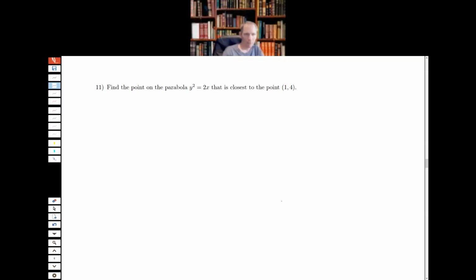Problem 11. Find a point on the parabola y squared equals 2x that is closest to the point (1, 4). So I'm going to start by drawing a graph of this. y squared equals 2x is a parabola that opens sideways.